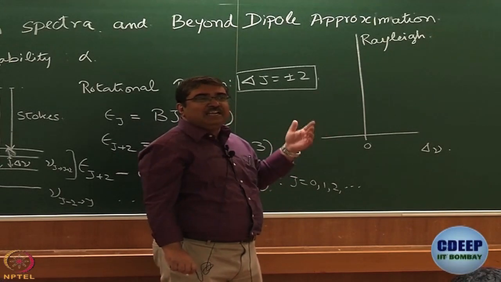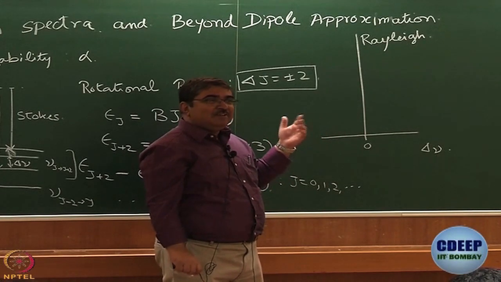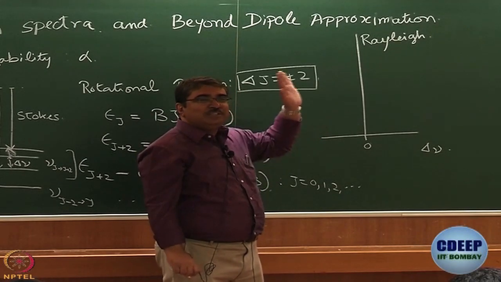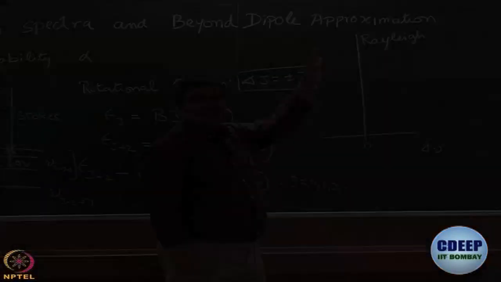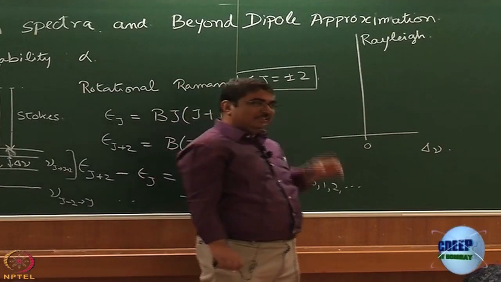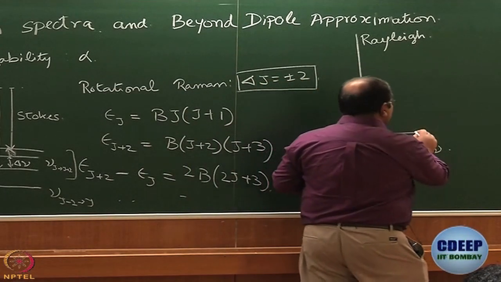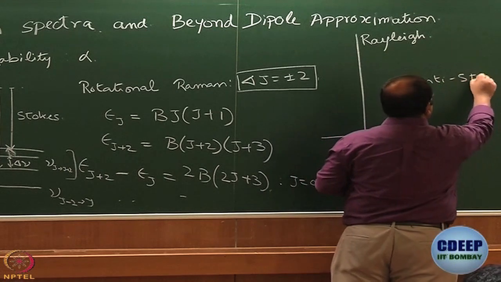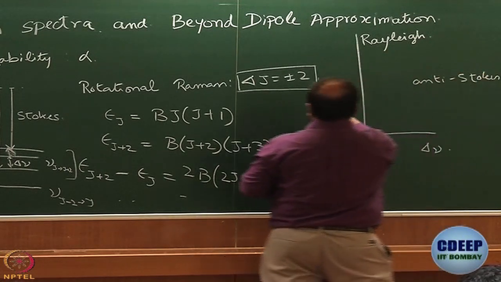Is it Stokes shift? Is it anti-Stokes shift? For delta nu positive, how many think it is Stokes? Stokes or anti-Stokes? Everybody thinks it is anti-Stokes, right? Of course, you are right. So, delta nu positive is anti-Stokes, this side is anti-Stokes Raman, and this side is Stokes.